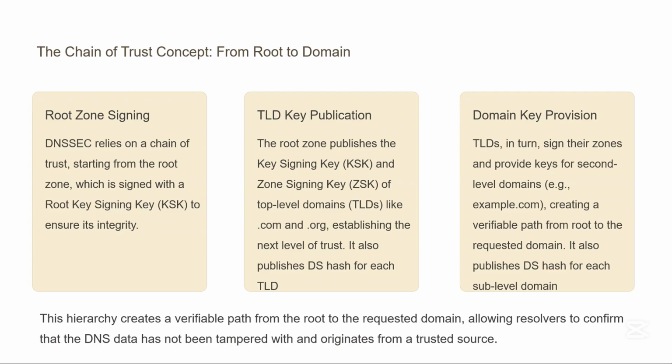Now, every query begins by the resolver reaching out to the root zone server. So DNSSEC relies on a chain of trust starting from the root zone server, which is signed with a key signing key to ensure its integrity.